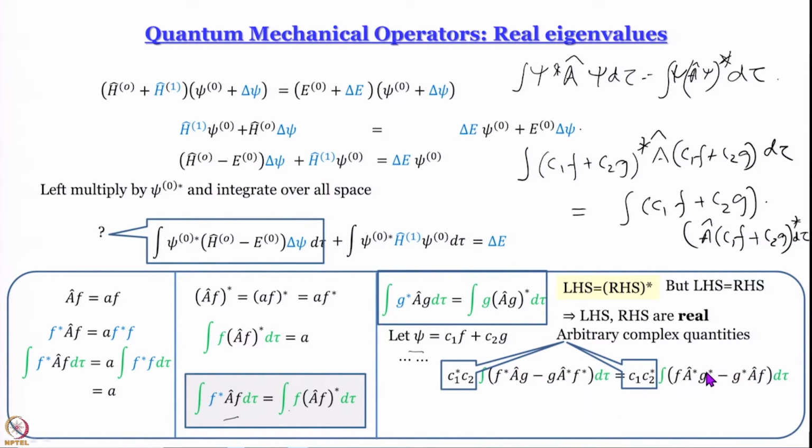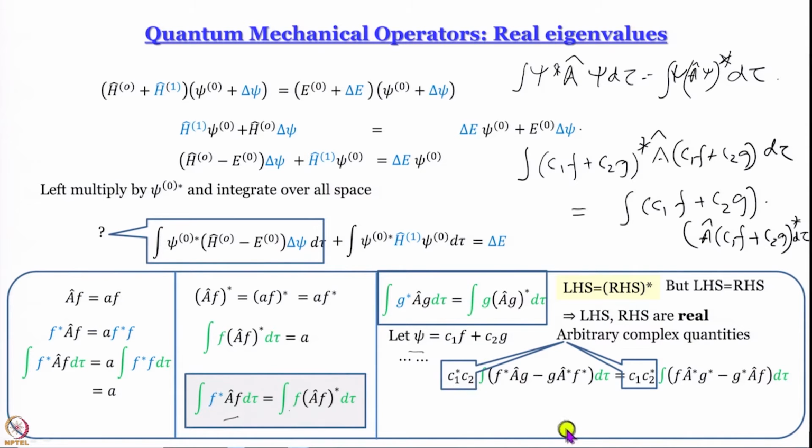So, what is the only other situation in which we have a complex number multiplied by a quantity and the product is real, unless the second quantity is a complex conjugate of the complex number? The only other option you have is that the second quantity is 0. Anything multiplied by 0 is 0, provided it is not 1 by 0, anything real or imaginary does not matter, multiply by 0 you are going to get 0.